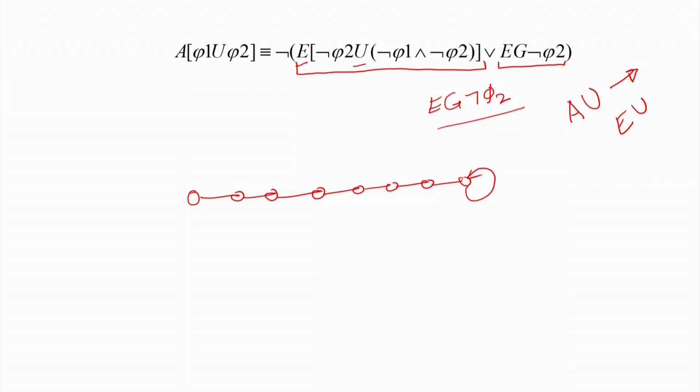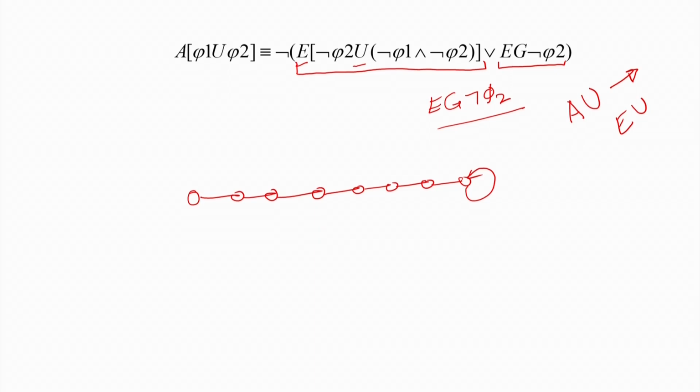So, E G not of phi 2: if in all the states phi 2 is false, then at least in this particular part we are not going to have A phi 1 until phi 2, though my phi 1 may be true in all the states, because phi 2 is not true. So, if it happens like that, E G not of phi 2, then A phi 1 until phi 2 is false.